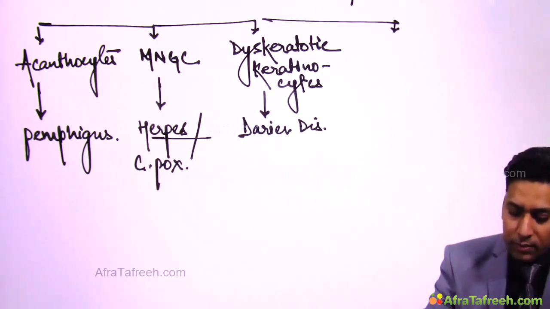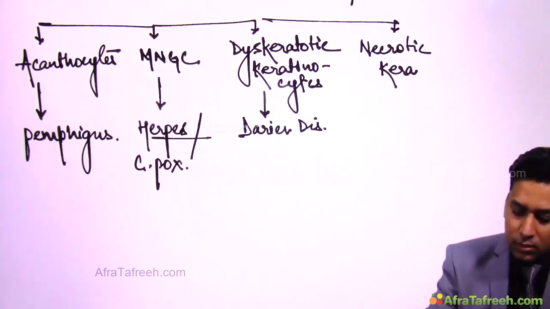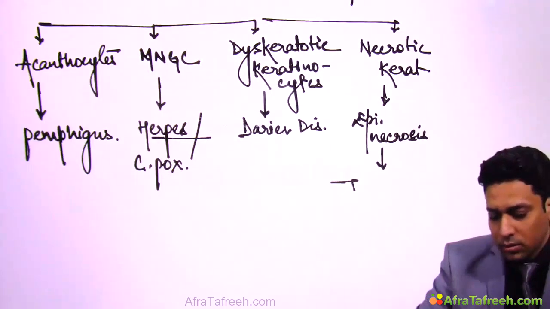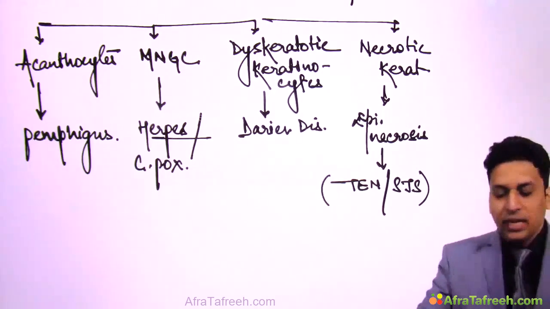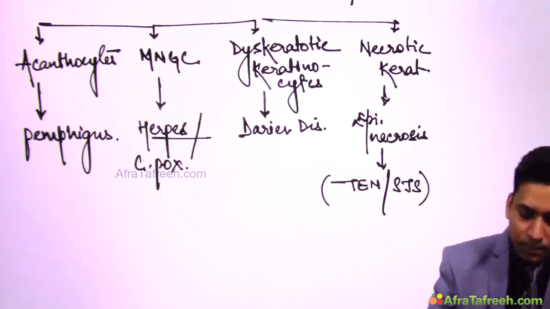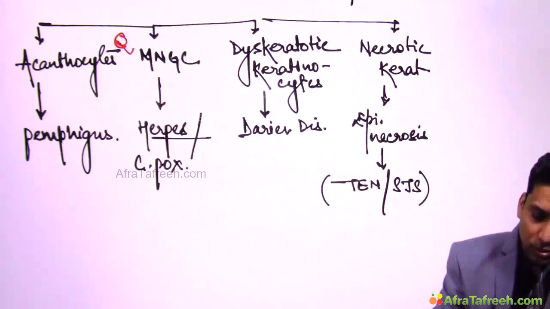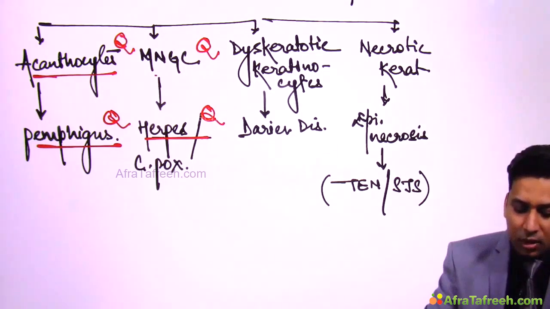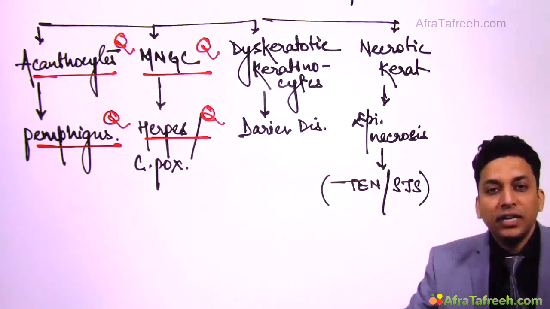And if you find necrotic keratinocytes, then it is suggestive of epidermal necrosis, usually seen in TEN and Stevens-Johnson syndrome. Already questions have been asked on pemphigus and herpes. So in pemphigus, acantholytic cells are seen on Tzanck smear, and in herpes, multinucleated giant cells are seen.